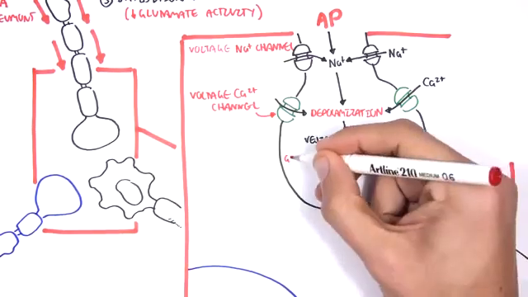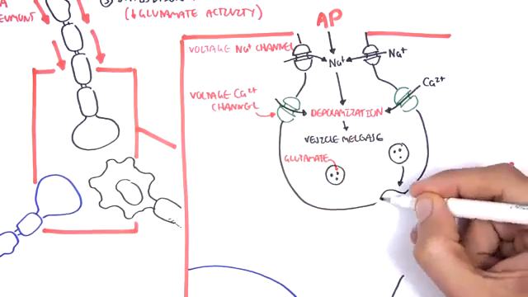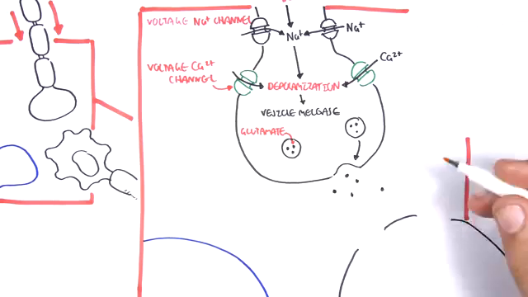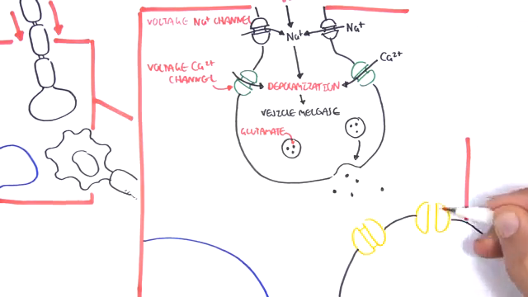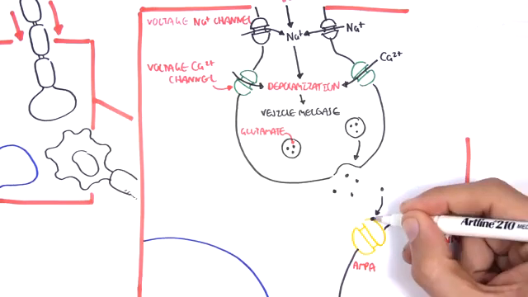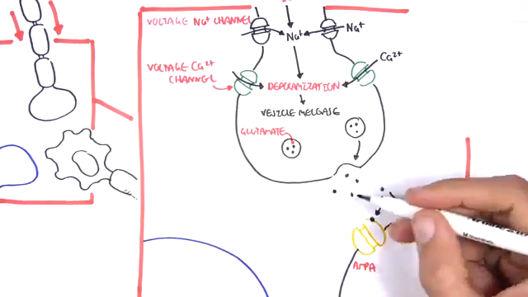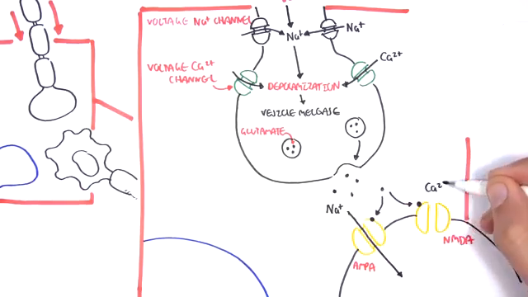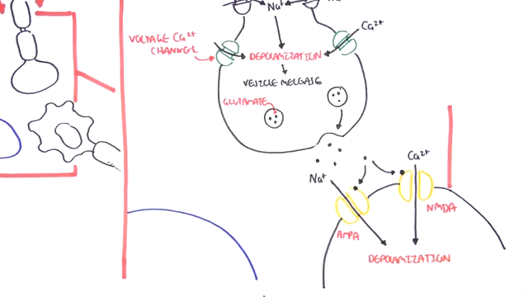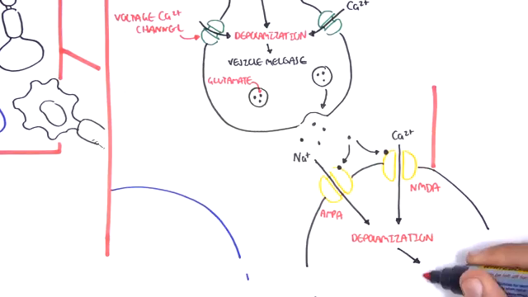Glutamate will bind onto receptors or channels in the postsynaptic neuron. In this case, the glutamate neurotransmitters are binding onto the AMPA and NMDA channels, resulting in the influx of sodium and calcium from outside, which will then lead to depolarization, reaching a threshold, which will result in an action potential.